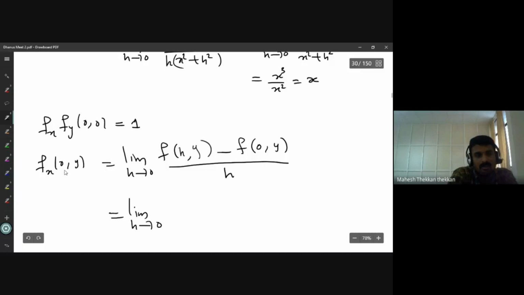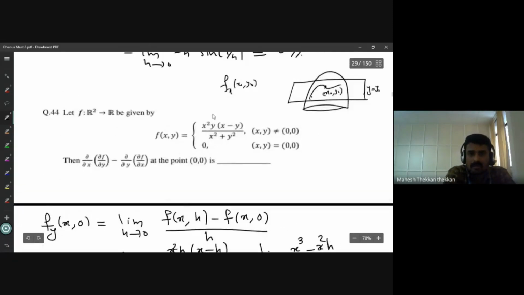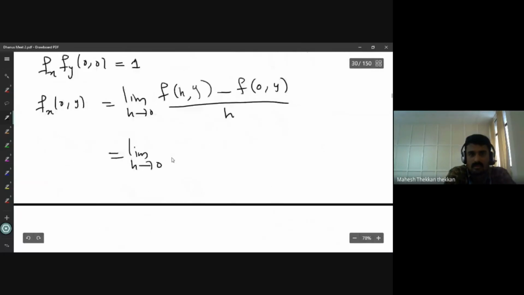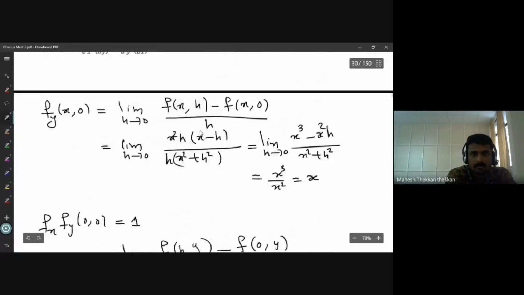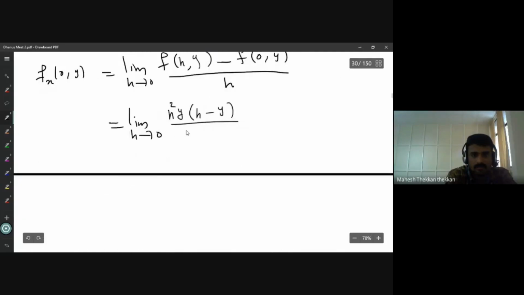Similarly, I will go for fx at 0 comma y, that is limit h tends to 0, f of h comma y minus f of 0 comma y divided by h. What is f of h comma y? If I substitute in this equation, it is h square y into h minus y by h square plus y square.